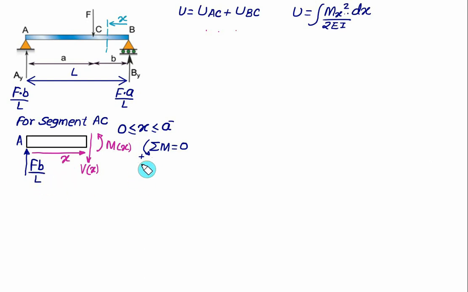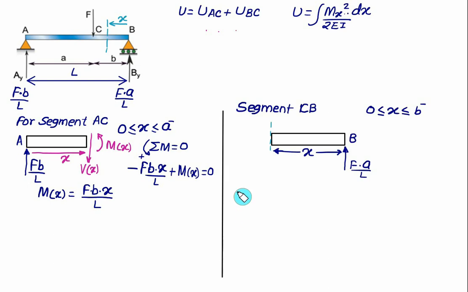Clockwise will be negative, minus F into B multiplied by x divided by L, and M of x is anticlockwise, positive. So we have this equal to 0. In this case the bending moment at any distance x from A will be equal to F into B multiplied by x divided by L.